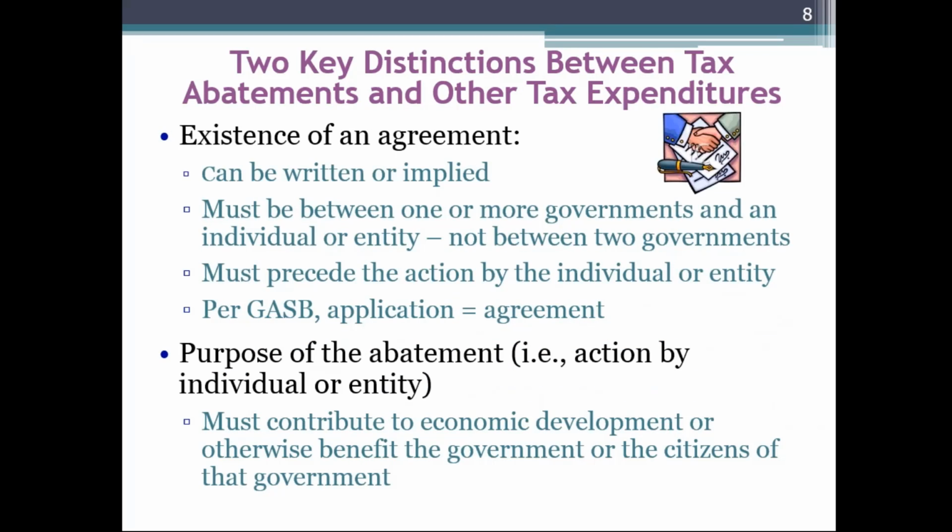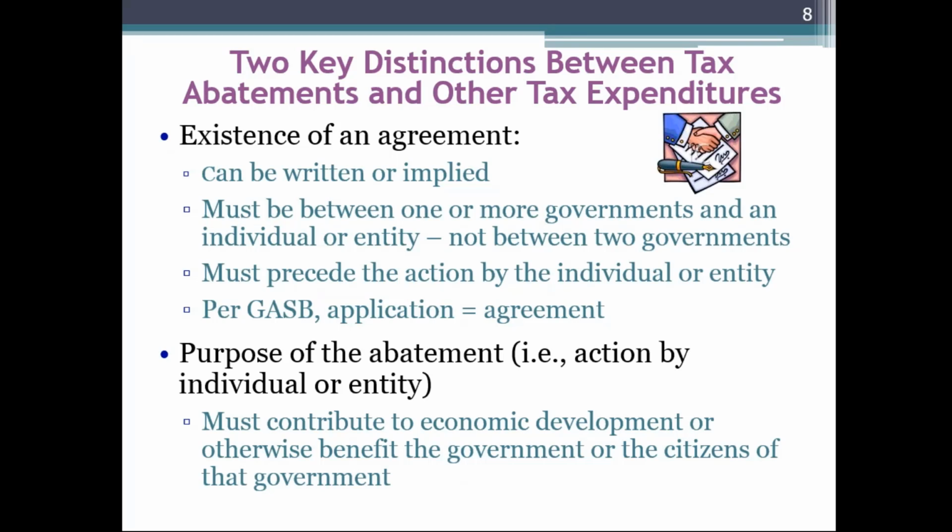There must be an agreement. The agreement can be written or can be implied. It must be between one or more governments and an individual or entity, not between 2 governments. The action must be preceded by an agreement by the individual or entity.